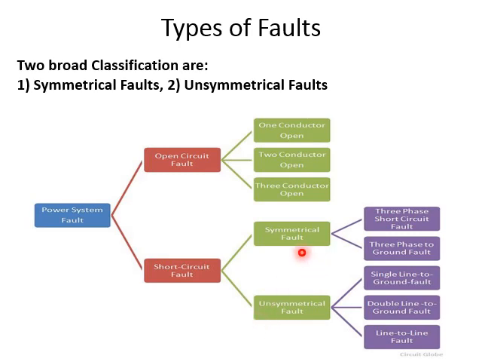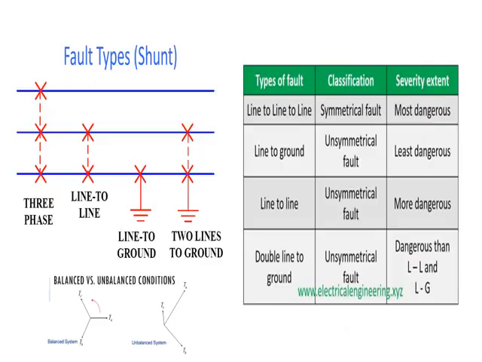In a symmetrical fault, it is a three-phase short circuit fault or a three-phase to ground fault. In case of an unsymmetrical fault, there is a single line to ground fault, two-phase to ground, which can also be called a double line to ground fault, or a line to line fault. So these are the fault types.